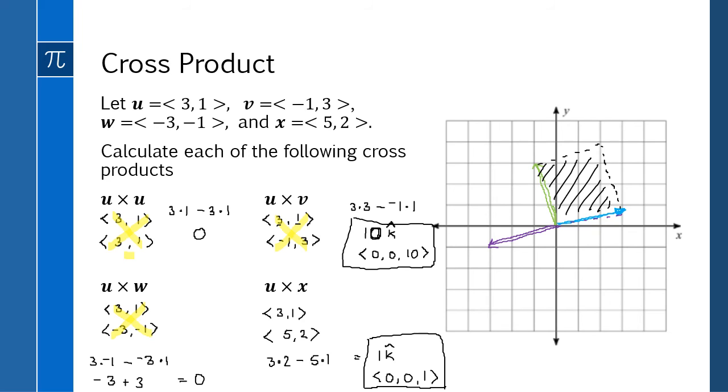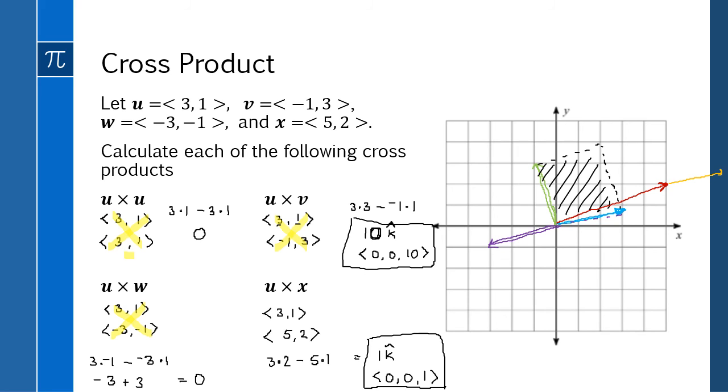And lastly, if I do u cross x, vector u is already drawn in, x is over 5, up 2, so that would be right there. I could make a parallelogram here, but this would be a very skinny and flat parallelogram, like a diamond shape that has been squashed flat.